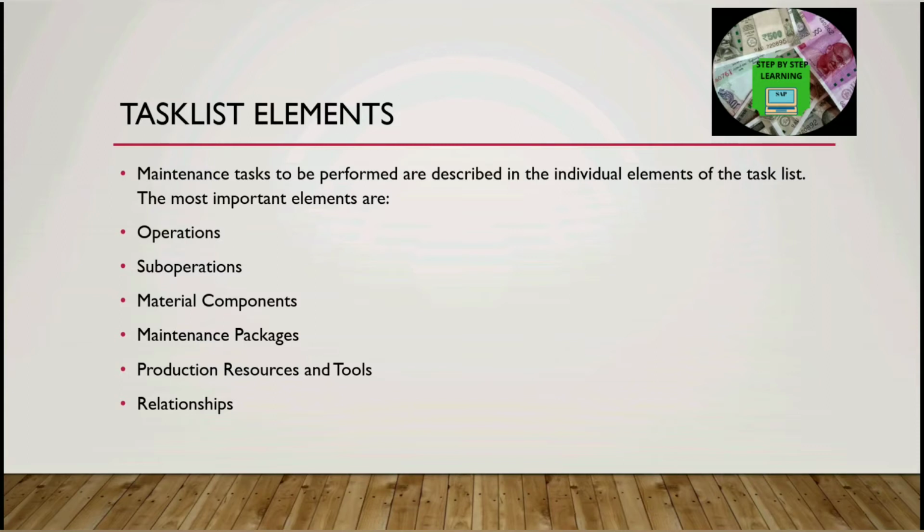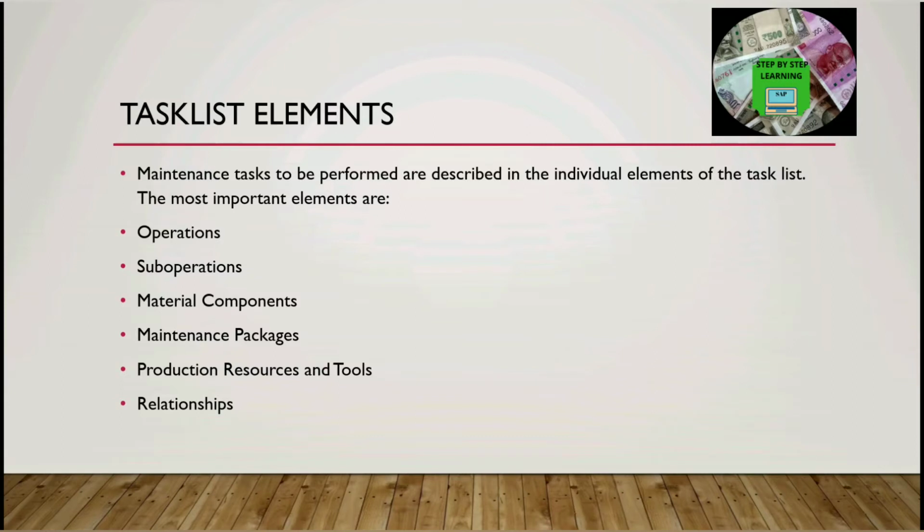And the third one is material components. So for example, change oil or change filter is the operation. So you need the filter, that is the material, or you need the oil. So that is the material, you need to issue the material from your warehouse or storage locations.